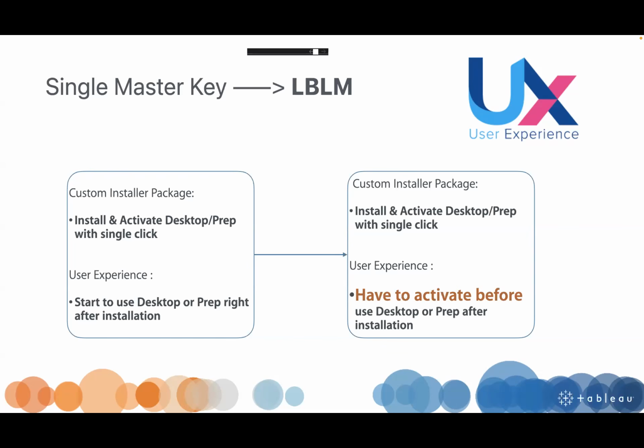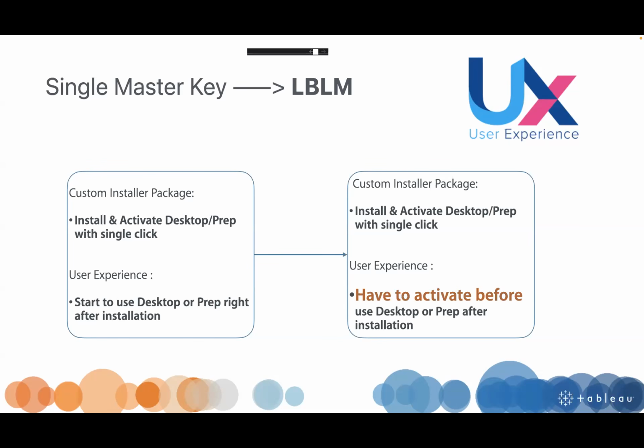So as part of the transition, when they install my new package with LBLM, I actually deactivate the license key as part of my installer package. They don't even know. I deactivate the individual key automatically as part of installation.